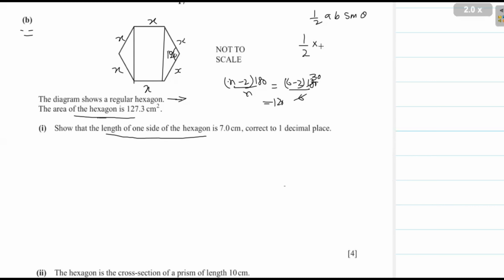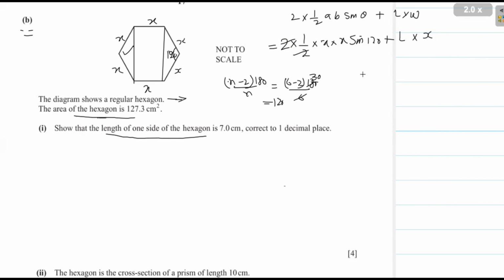Therefore, we can write this. The area of this triangle will be 1 over 2 x into x into sine 120. And next, the area of this other triangle is also the same, therefore we multiply by 2. And this will be the area of these 2 triangles. Next, we will add the area of this rectangle. Now, area of rectangle will be equal to length into width. Length here is not given, so we write L into x, where width is x.